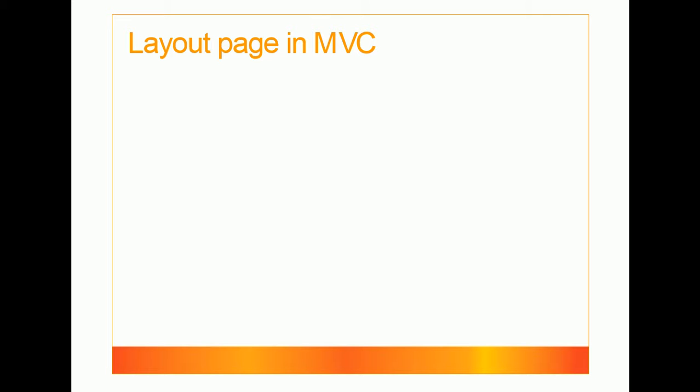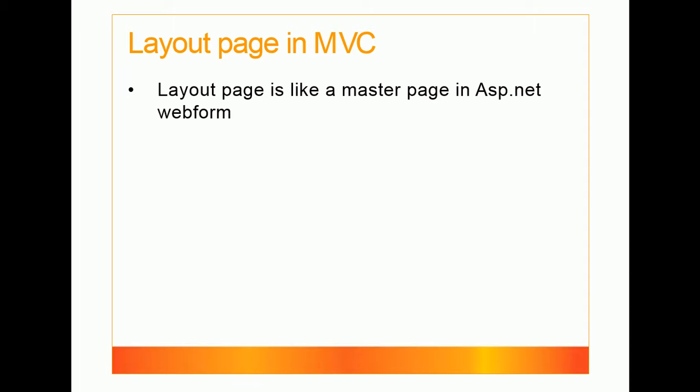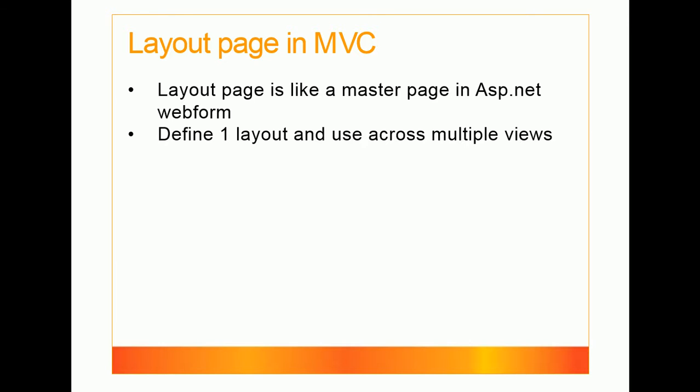Now let me start with the layout page in MVC. What do you mean by layout page? A layout page is nothing but like a master page in ASP.NET Web Forms, so we can define one layout and use it across multiple views. For example, if you develop any web application, it should contain all the menus, header, footer, etc. Even though there are many view pages, we need not create all these things in every view page.